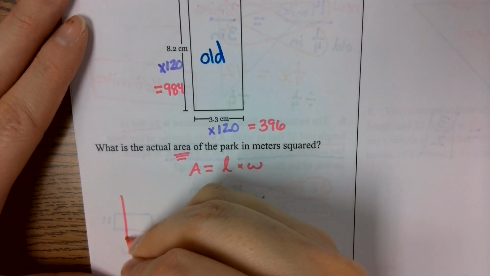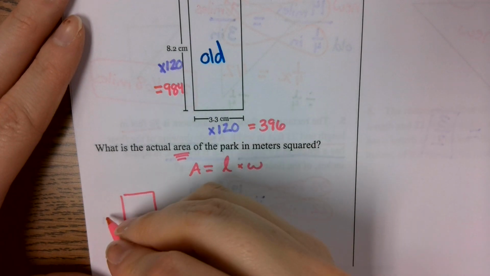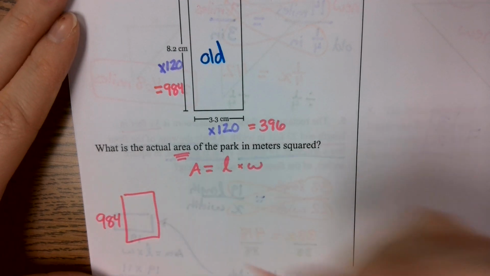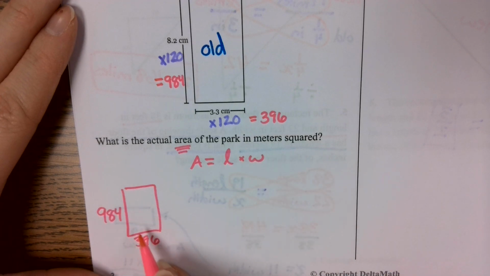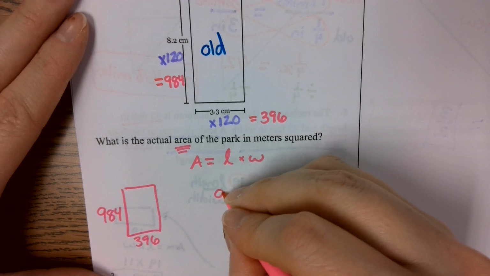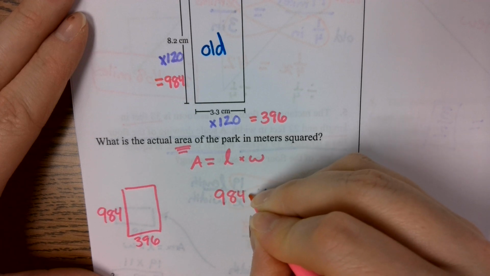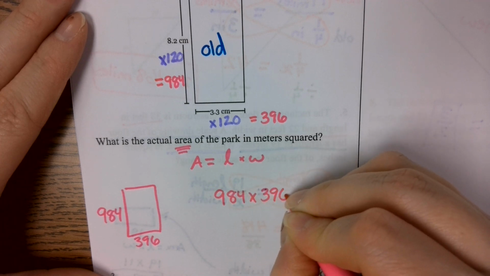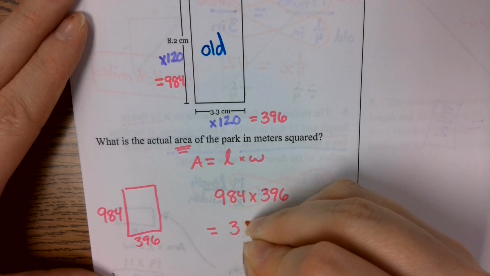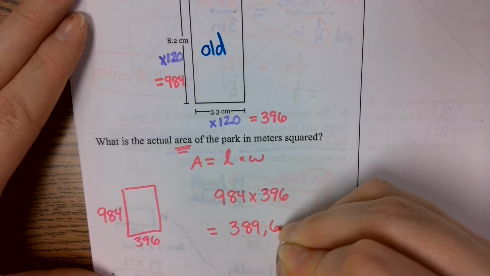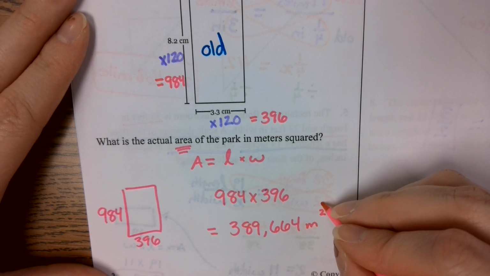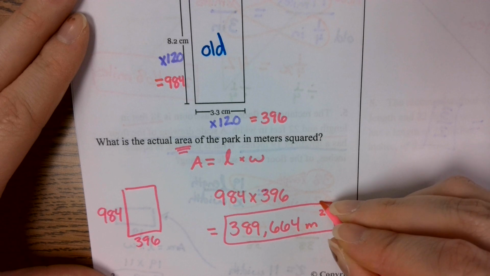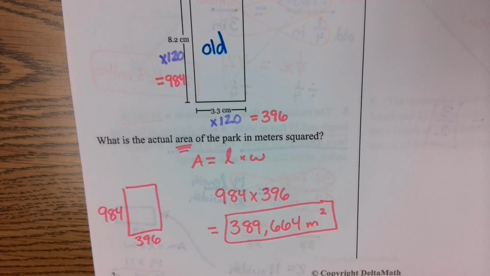So if we know our new dimensions are 984 by 396, then we're just going to multiply those dimensions together. 984 times 396, you guys should have an area of 389,664, and that's going to be meters squared. Okay, you have to make sure that you're taking your time to read each of the questions carefully.